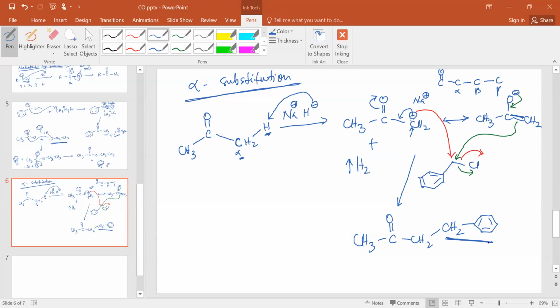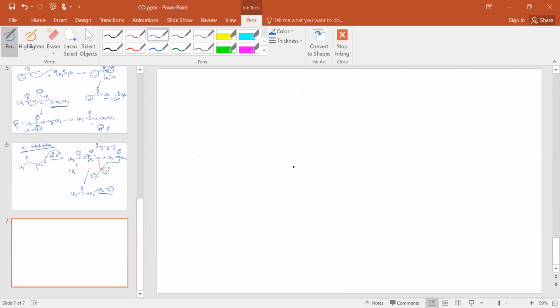Okay, the last one is very important. The last one is carbonyl condensation.